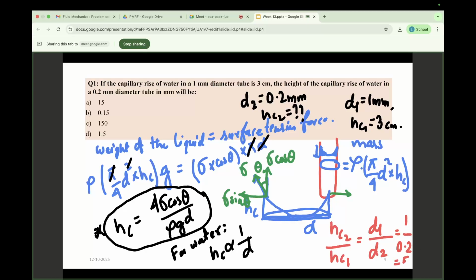So h2 is 5 into h1. What is h1? It is 3 centimeter. The answer is given in mm, so I have to convert it, it is 30 mm. So 5 into 30 is 150 mm. So the correct answer is option C.